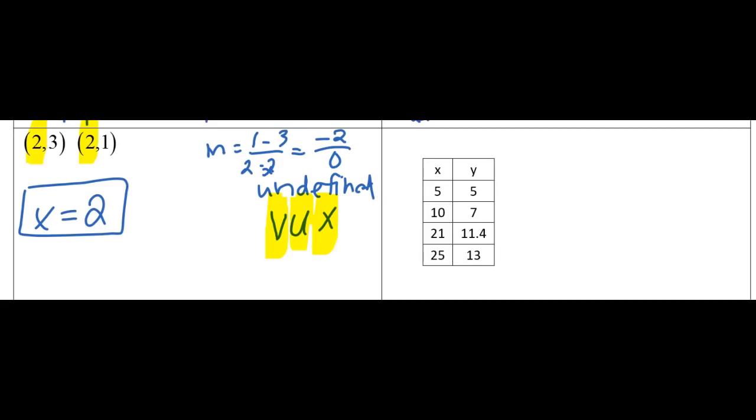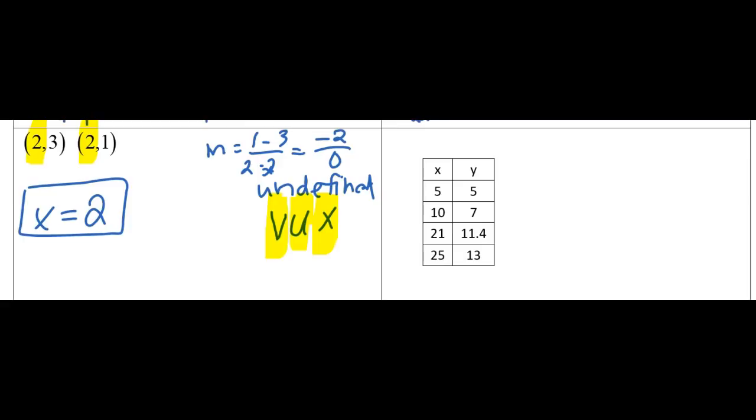Go ahead and jot down this table. We have our x and y. The first point is 5, 5, then 10, 7, then 21, 11.4, and 25, 13. If we are given a table, we can calculate the slope by finding the change in y over the change in x.